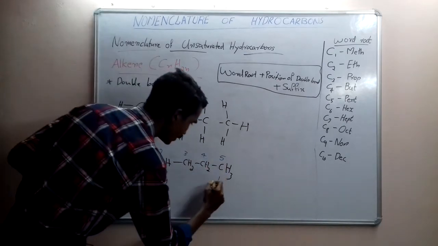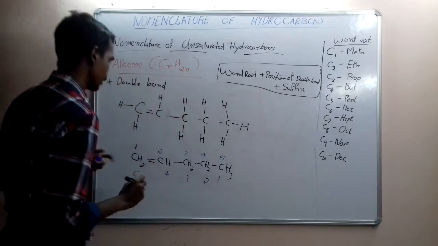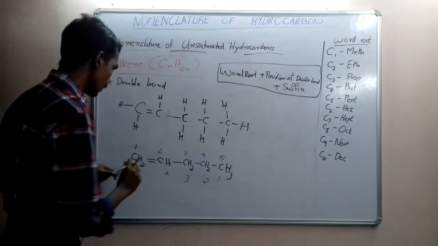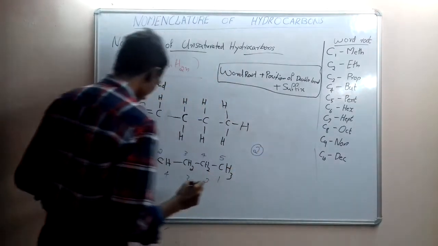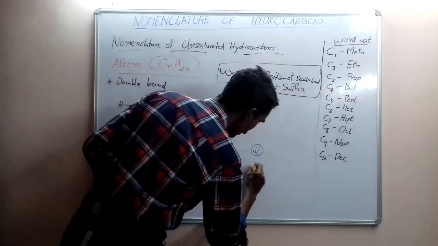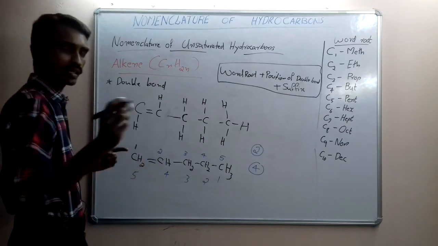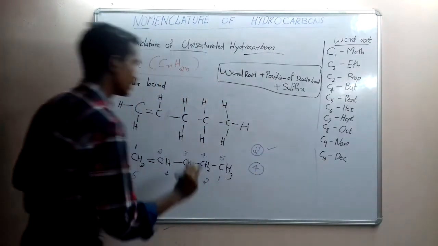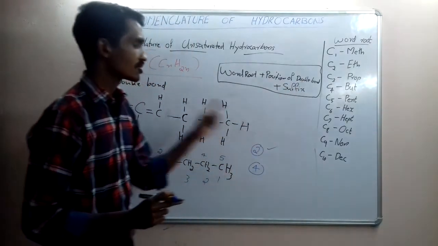From left to right it is 2, and from right to left it is 4. The least one is 2. So we take the position of double bond as 2.